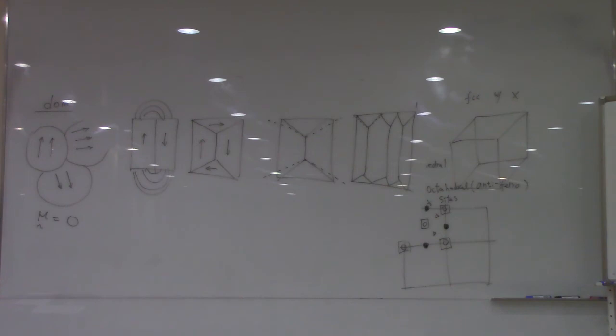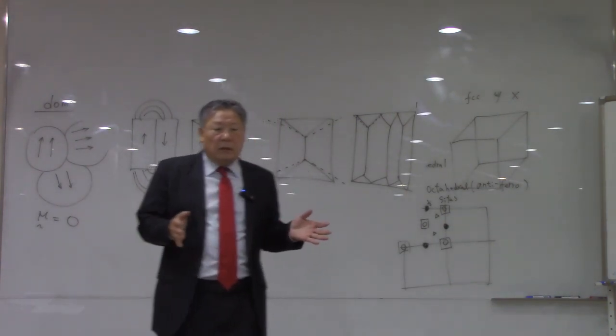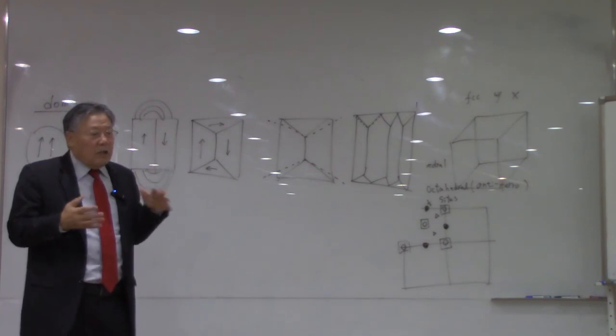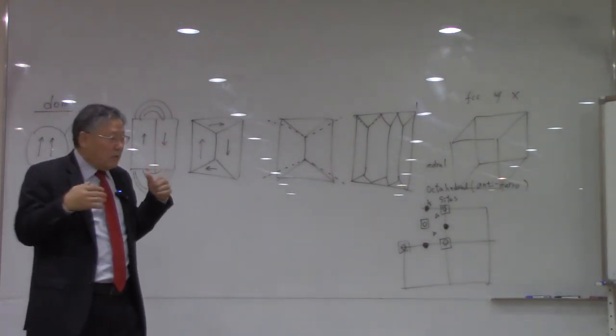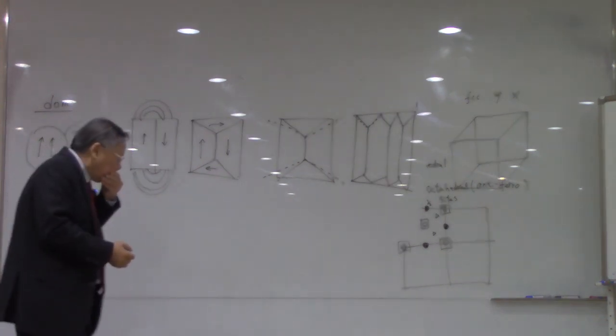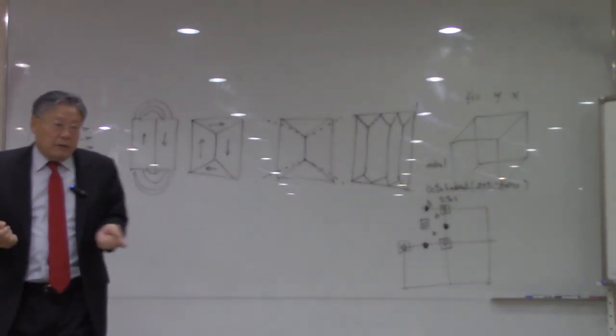And finally, we have to talk about the hysteresis. In diamagnetism and paramagnetism, we don't have to talk about the hysteresis of the material, because these materials only magnetize when there is an external magnetic field.